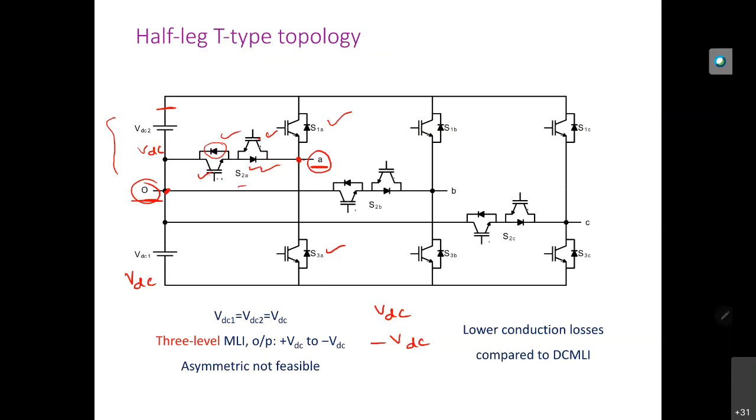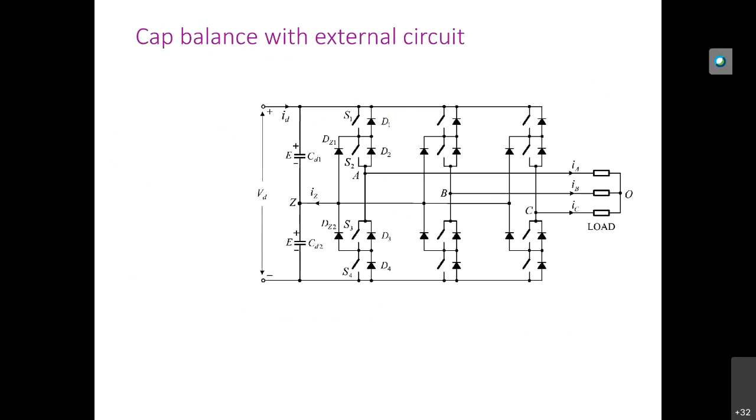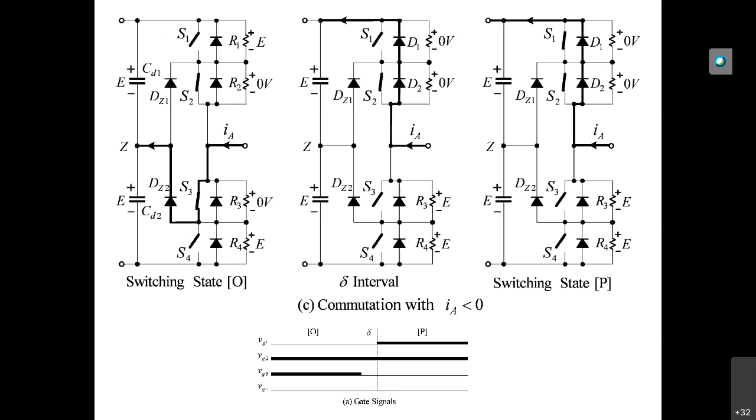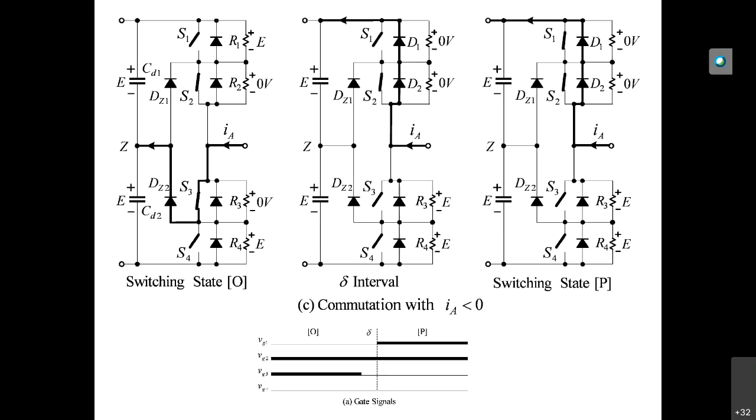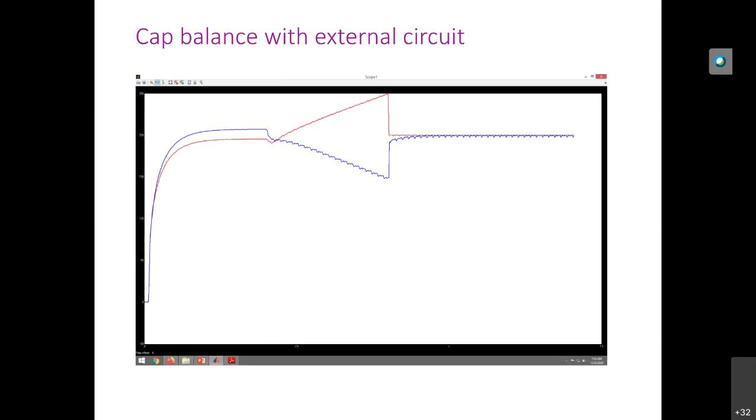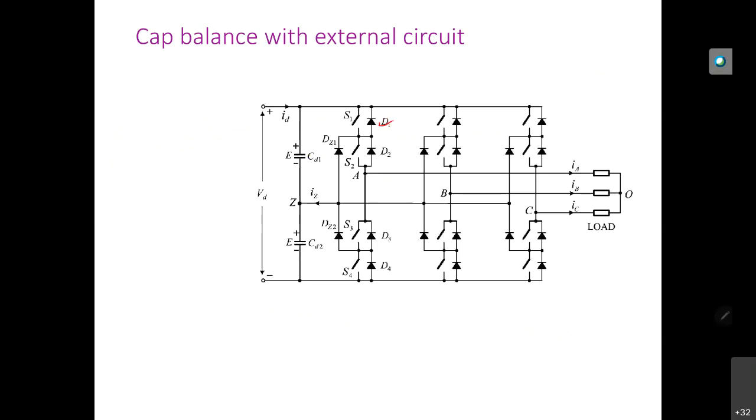Moreover, if you compare with the diode clamp, how many switches are actually required in the case of 3 level? 1, 2, 3, 4, so 4 switches per leg.